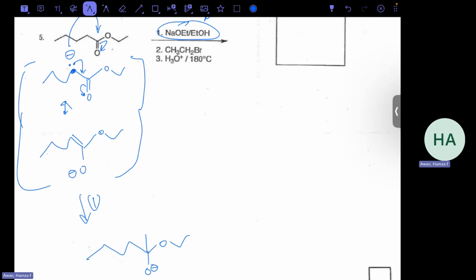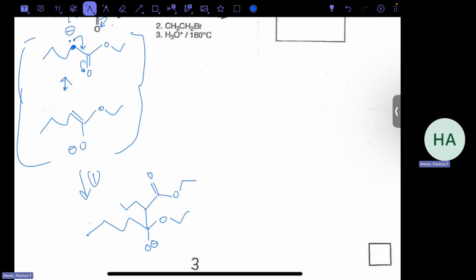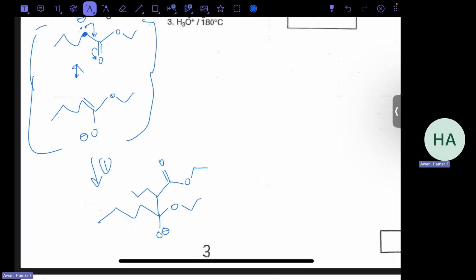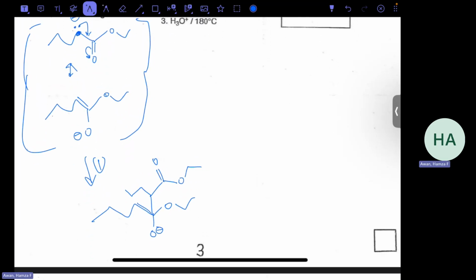This carbon has two ends to it, so one end goes immediately to this ester, and then the other end has 1, 2, 3 carbons. Then with this minus charge, it also has a double bond right here.